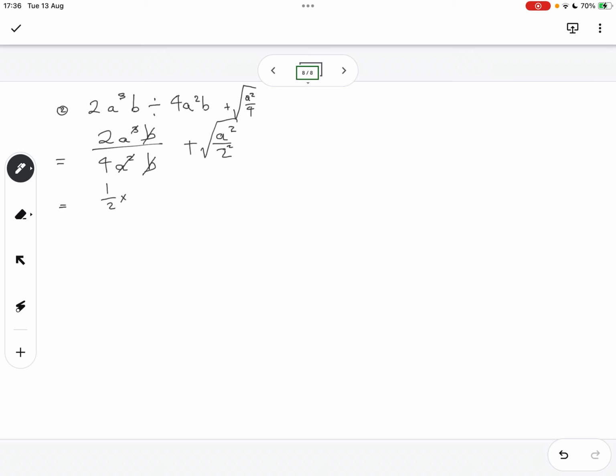A squared divides there, and these also divide, so we're just left with a divided by 1. And here, the square root of a squared is a, and the square root of 2 squared is 2. So we've got a over 2 plus a over 2, which is a.